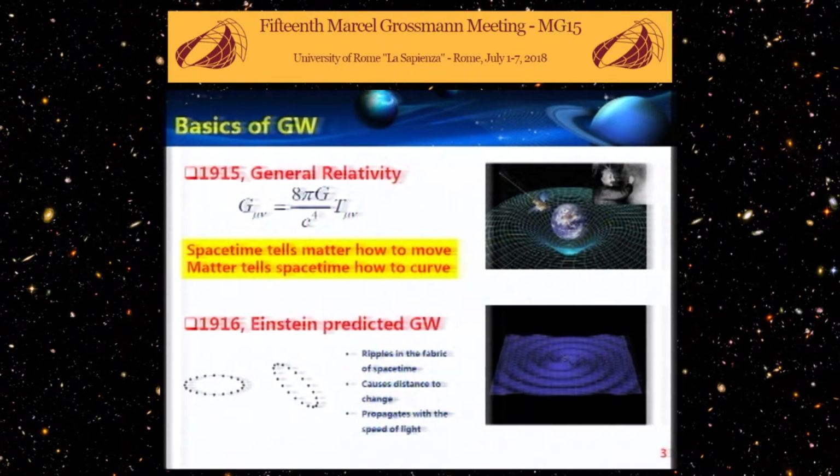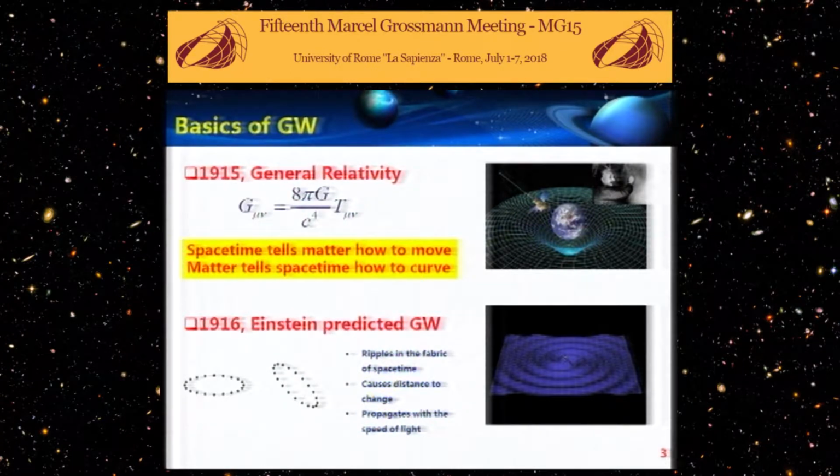Just as John Wheeler put it, space-time tells matter how to move, and matter tells space how to curve.